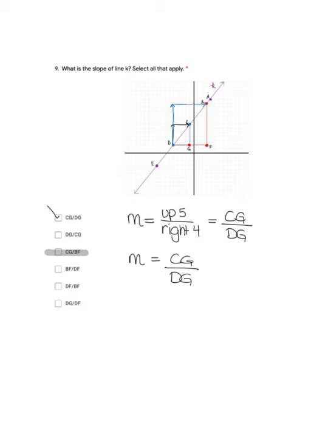Okay, so we can say that M, which is our slope, is equal to going up 10 over right 8.